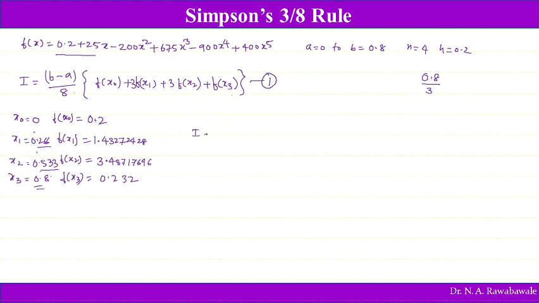So I is equal to b minus a, b is 0.8, a is 0, divided by 8, into f of x0 is 0.2 plus 3 times f of x1. f of x1 is 1.43272428 plus 3 times f of x2. f of x2 is 3.48717696 plus 0.232.